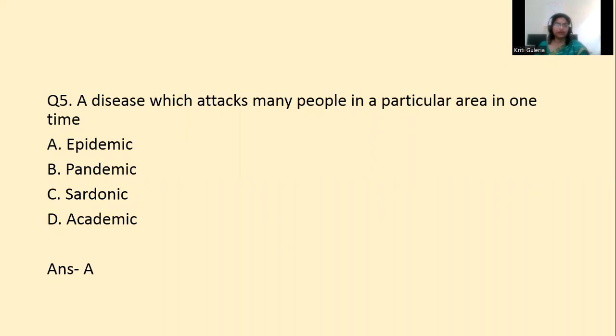Whereas if it had attacked many people in different areas everywhere, it will be pandemic. Whatever we had seen during COVID time, it was a pandemic because it had affected all the people at every place and at every corner of the world. Whereas when it is located to a particular area, then it becomes epidemic.